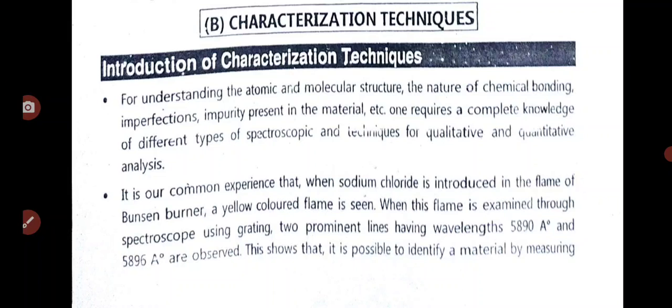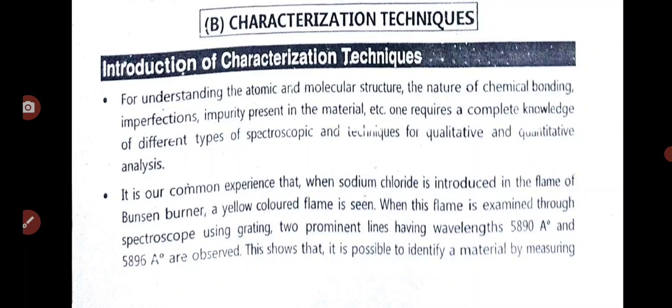The sodium atom gives a doublet, with one line of wavelength 5890 angstrom units and a second line of wavelength 5896 angstrom units. By this it is possible to identify the material by measuring the wavelength of the light.